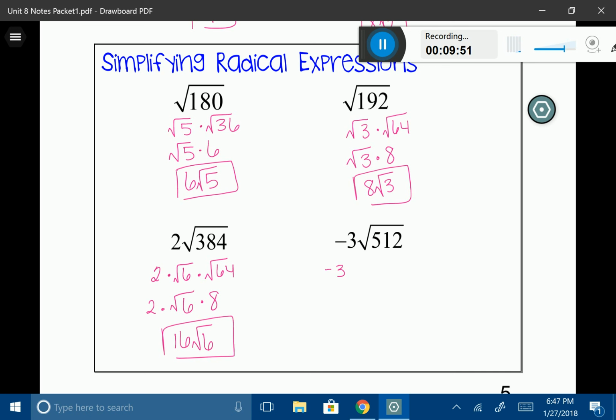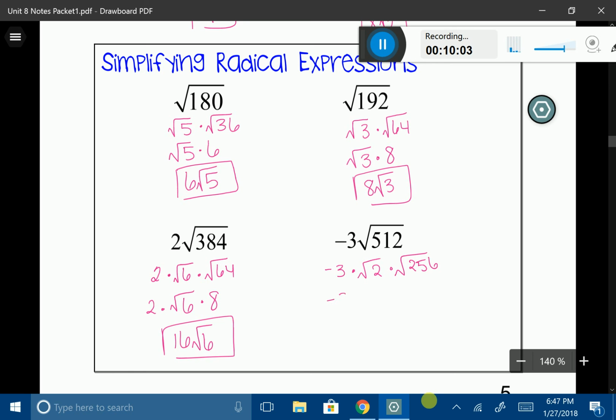So I have the square root of 256 and 2. So I'm going to multiply it by 2 and 256, which is a perfect square number. So I'm going to have negative 3 times square root of 2 times 16. All right, so now I have negative 3 times 16 will give me that negative 48, and I'll bring down my root 2.